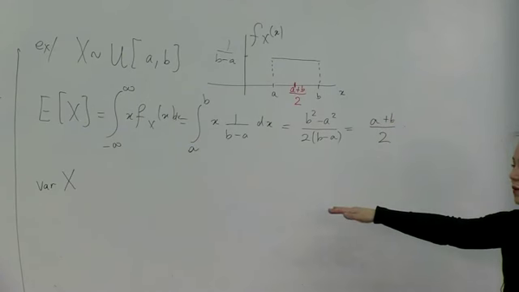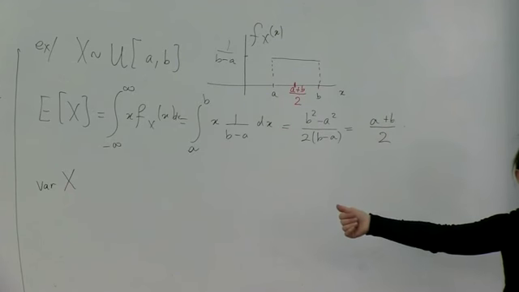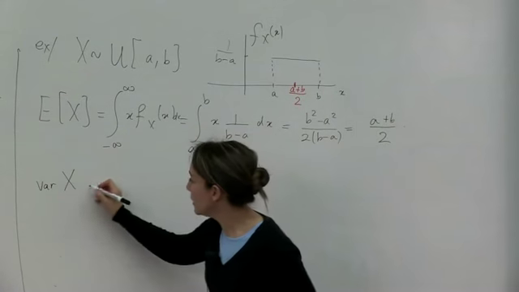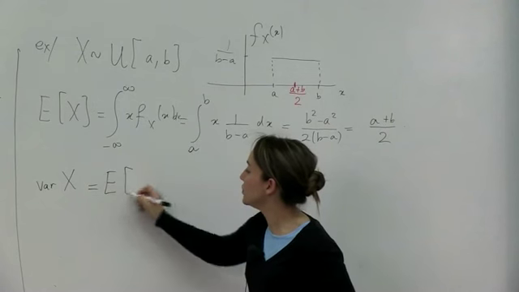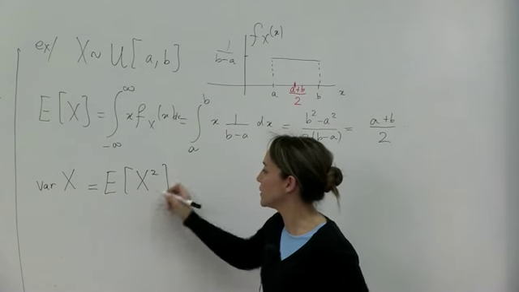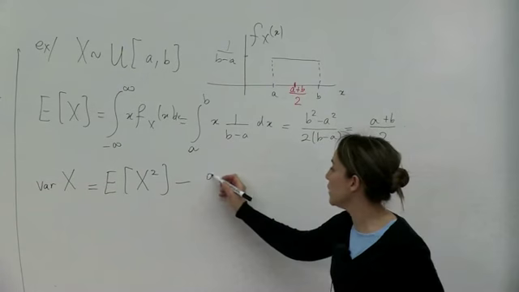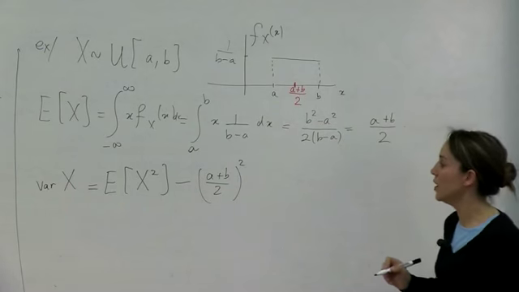Also, after we do this computation, this intuition can let us test our result, okay? So, what am I going to do? First, I need to compute the expectation of x squared, which is the second moment. Then I need to subtract from it (a plus b over 2) squared.